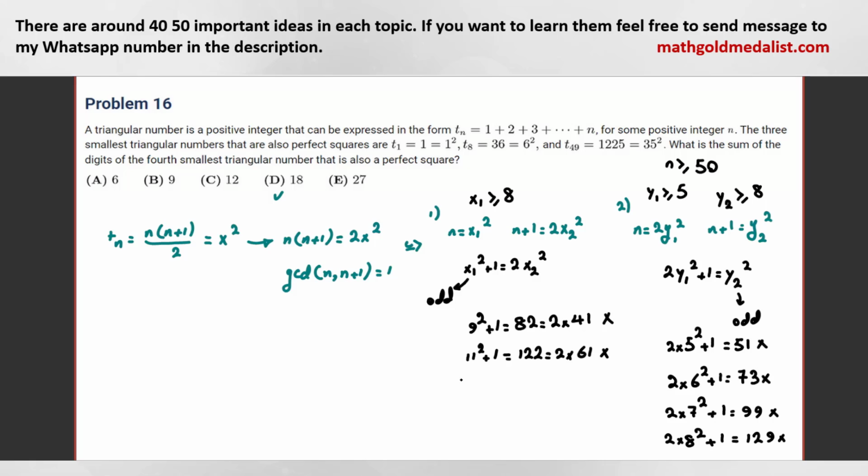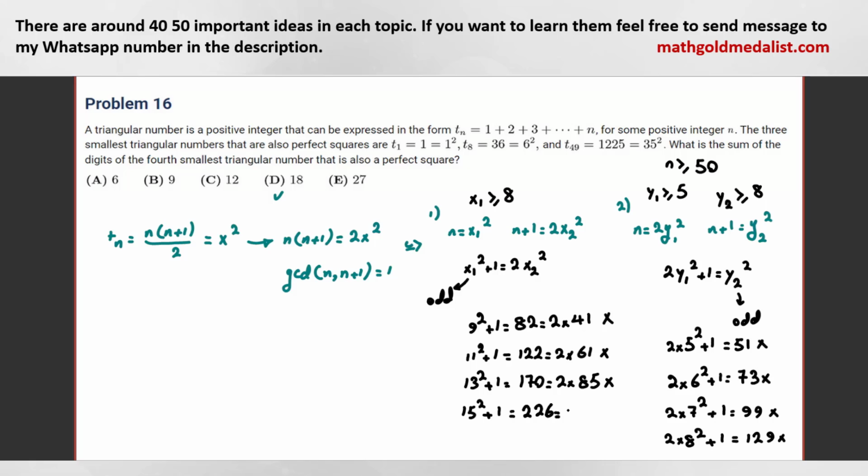13. 13 squared plus 1 is what? 170. Which is 2 times what? 85. Not good. Next one, 15 squared plus 1, which is? 226.